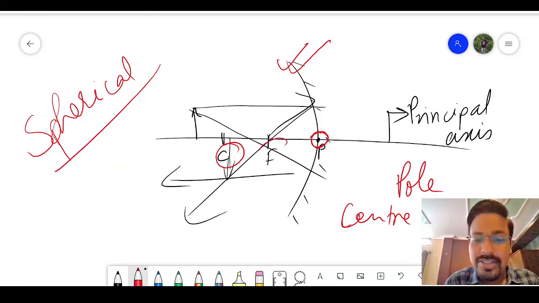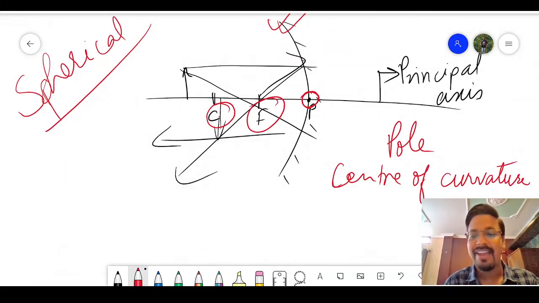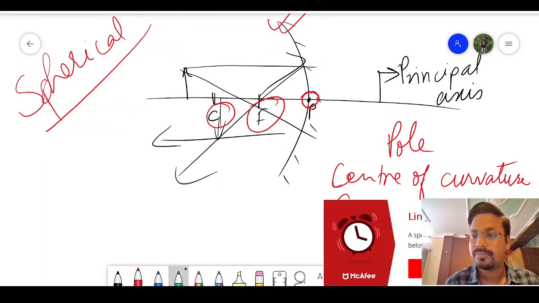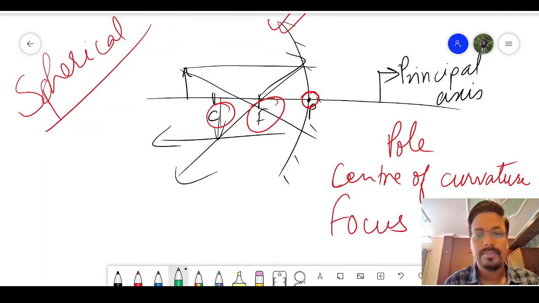Now this is called the focus. F here stands for focus. Focus is basically the half point between center and pole. This is the length between center and the pole, and half of this length is from the focus to the pole.